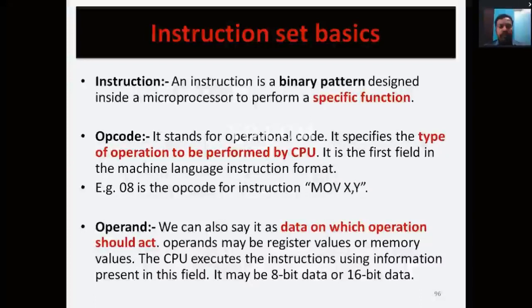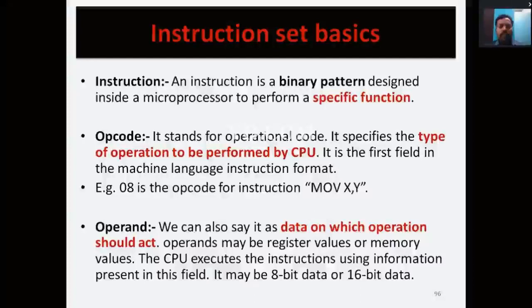Then the third term is operand. Operand is the data on which the operation should act. For example, if you are going to do addition, what are the data? A comma B, two different data.